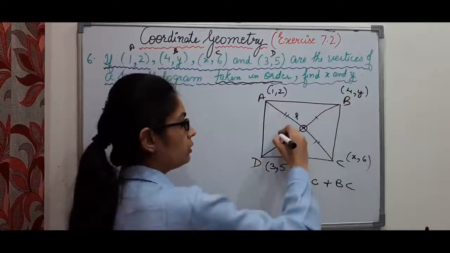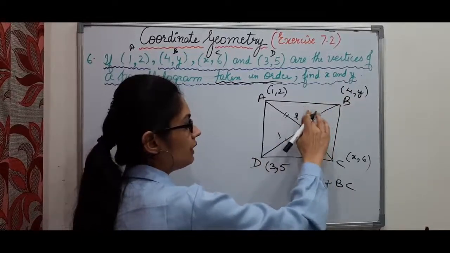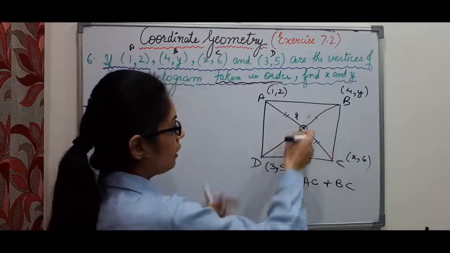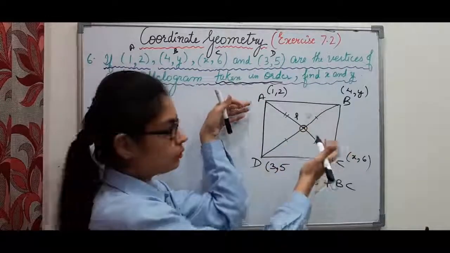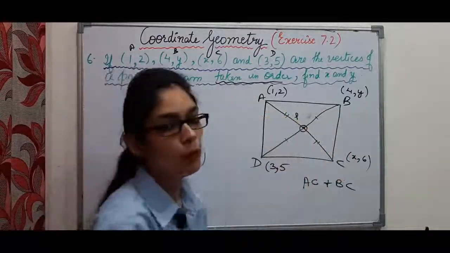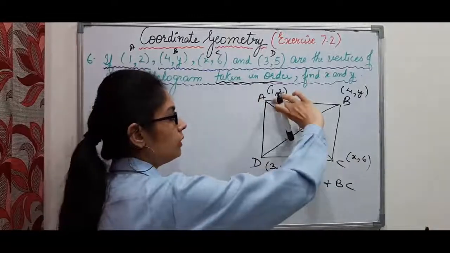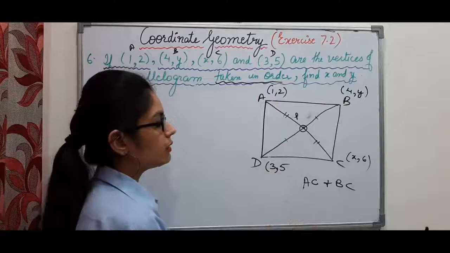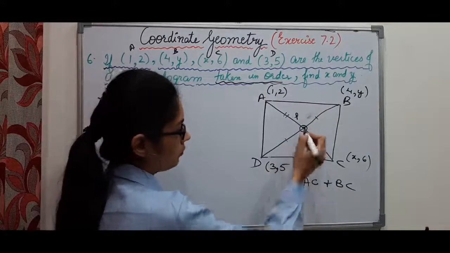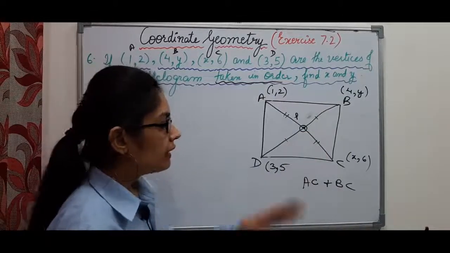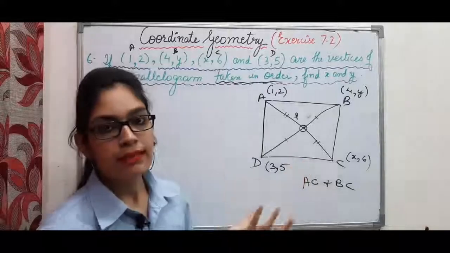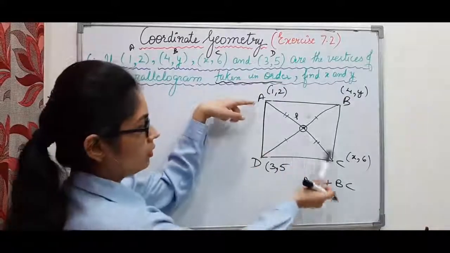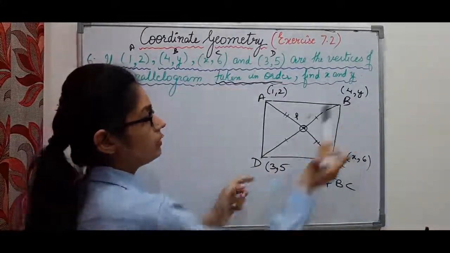For example, if this is 1 centimeter, this is also 1 centimeter. So these two parts will be equal in case of a parallelogram, and bisect means this is the midpoint of these two lines.